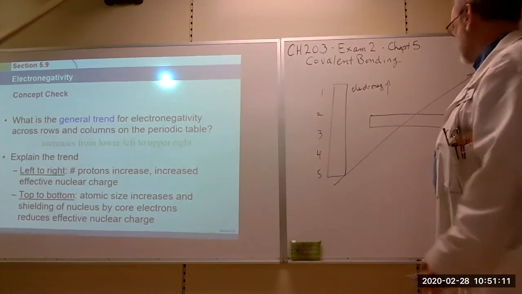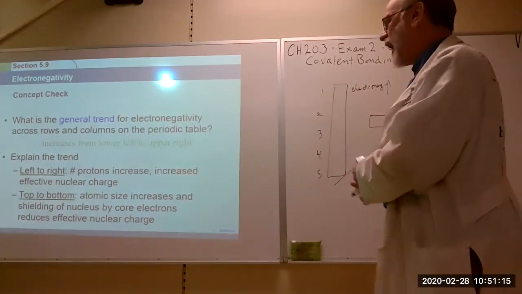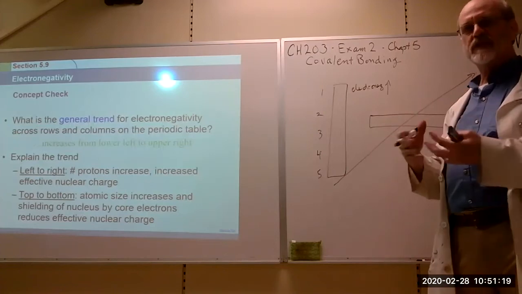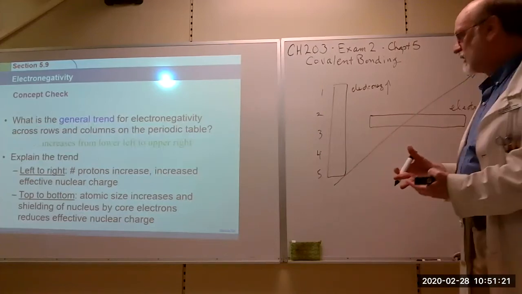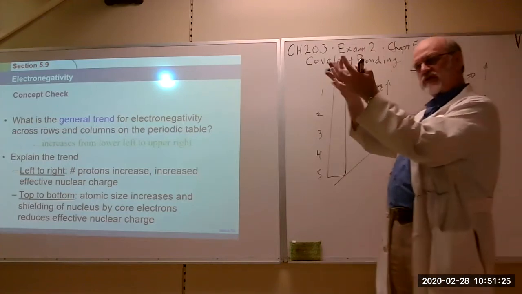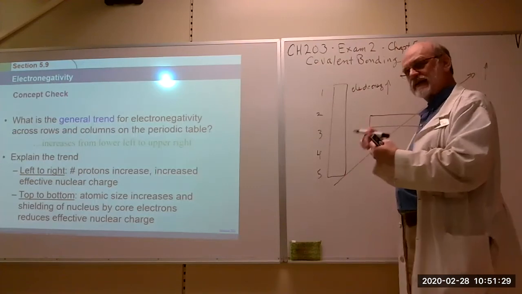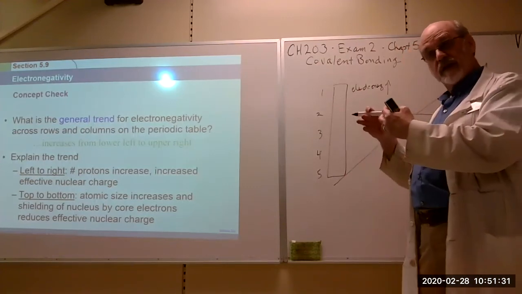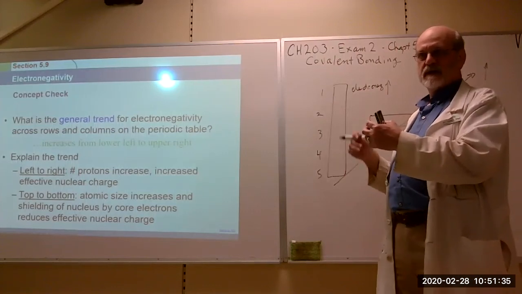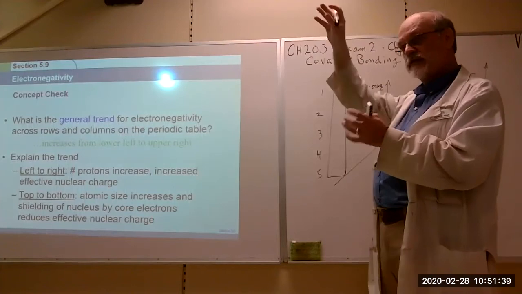Okay, so what's the explanation for why, when you go from left to right, you have an increase in electronegativity? Well, within a period, you're in that same energy level, right? So you're adding electrons in the same energy level, but what are you also doing? You're adding protons. And the electron energy level is based upon how far it is from the nucleus.